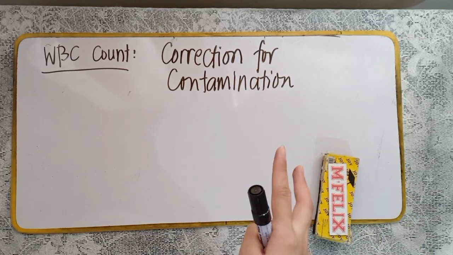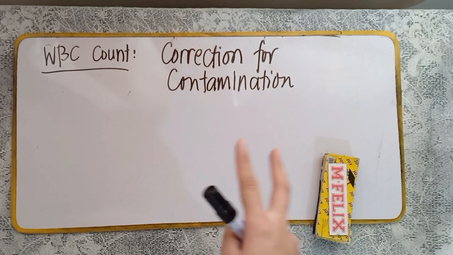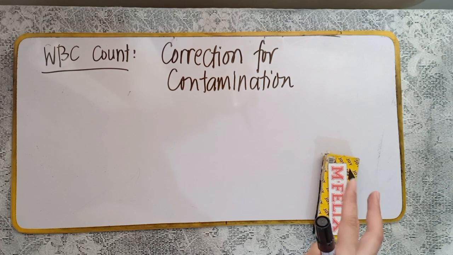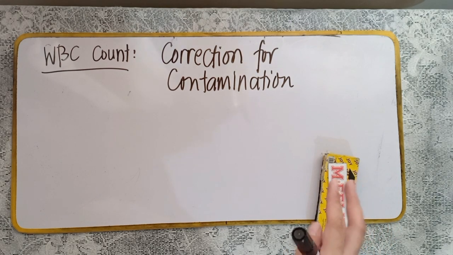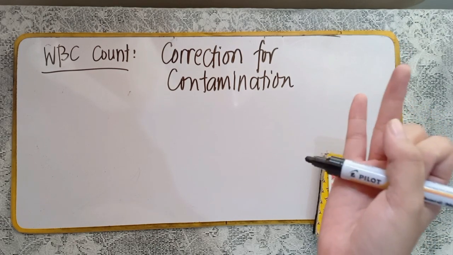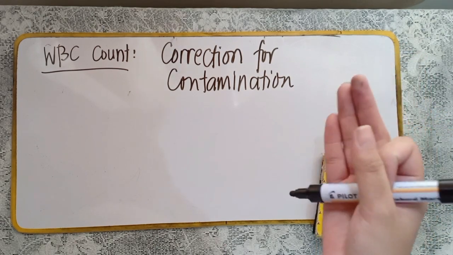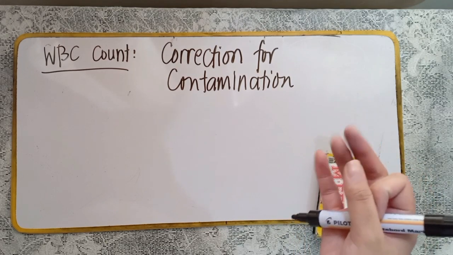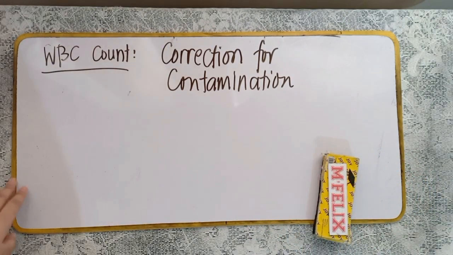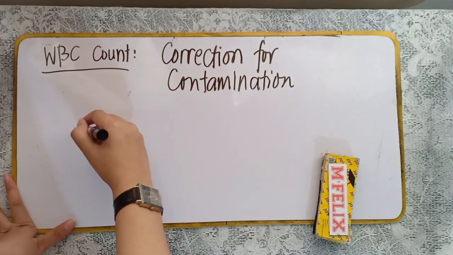Now, the determination of the CSF RBC count and the blood RBC and WBC counts is necessary to perform the correction. Again, ano yung kailangan nating, class? Yung CSF RBC count, yung WBC count mismo, and then the RBC count mismo sa blood, hindi yung sa CSF. So paano yung ating formula here?